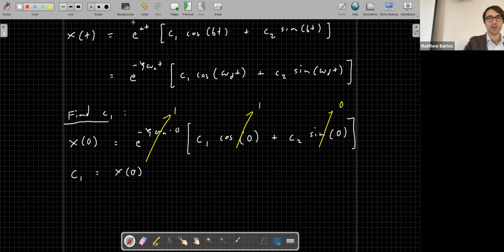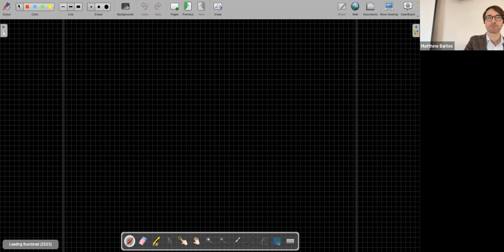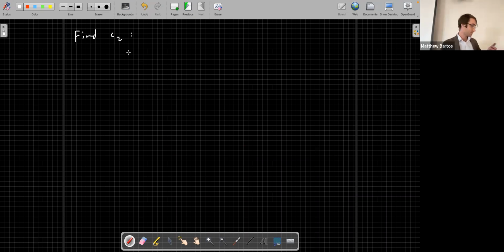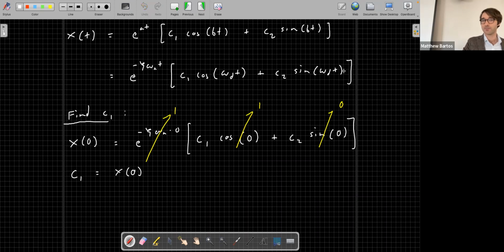Let's find c2 now. The first thing we have to do is differentiate this expression here. So we can apply the product rule.